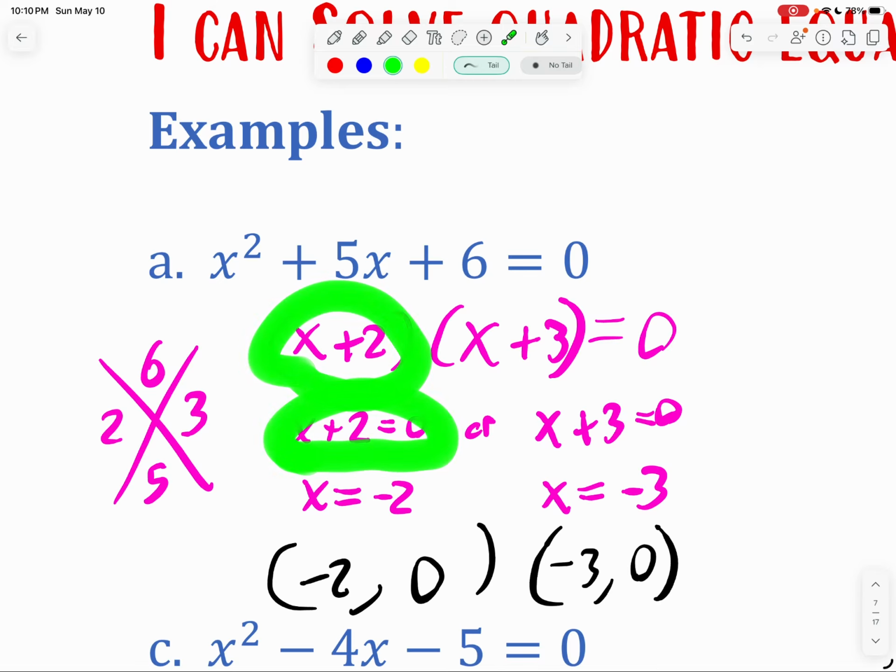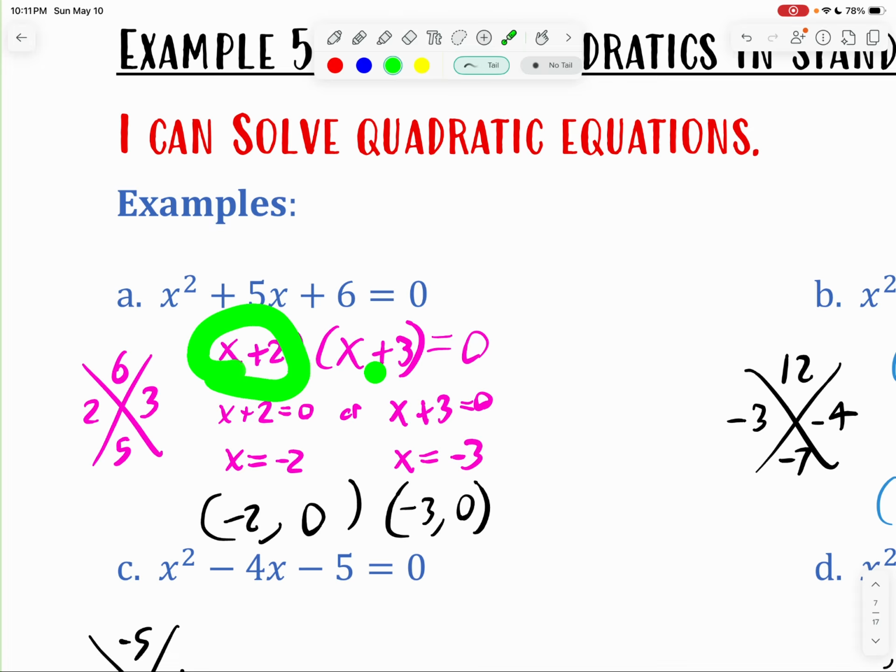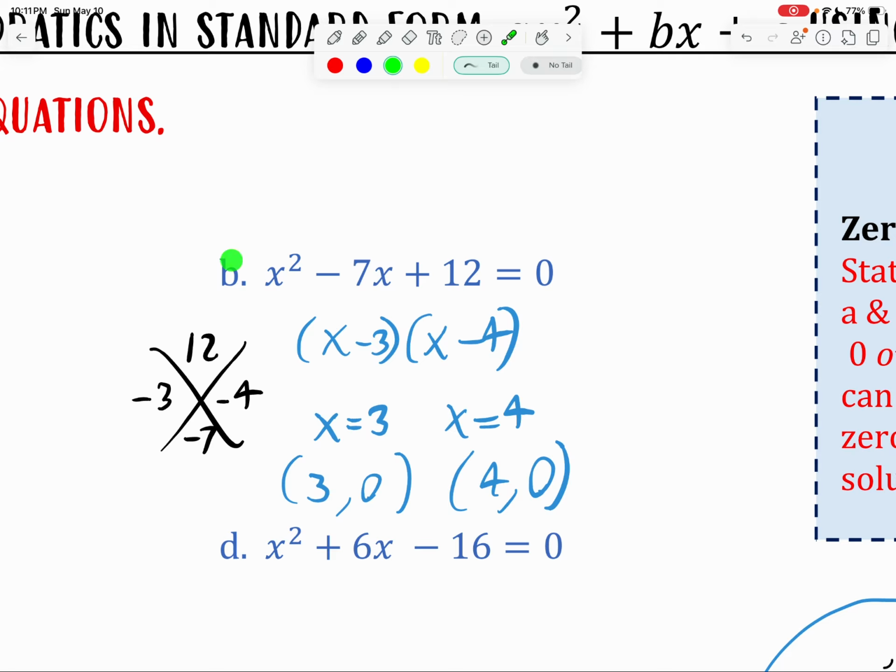We factor, and then with each factor, we solve for x, because we know that factor is supposed to equal 0. If you come over here, this went a little bit faster. We started to understand the pattern. This was x squared minus 7x plus 12 equals 0. So by factoring, the two values are going to be negative 3 and negative 4.